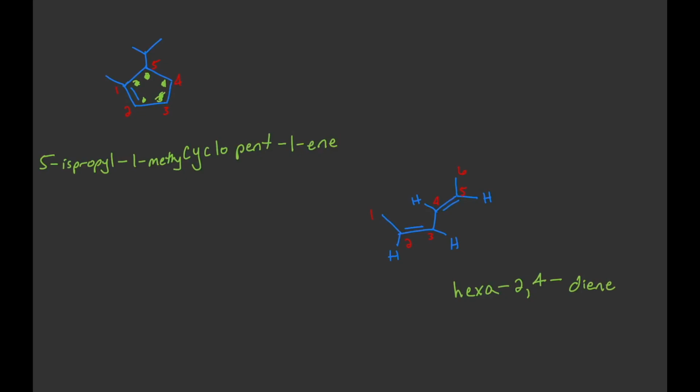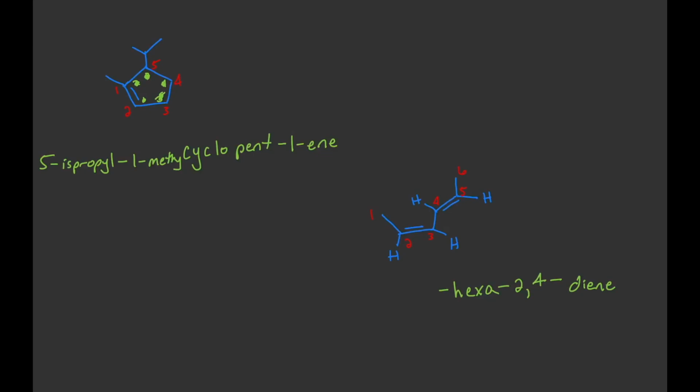We have no other substituents in the chain. That's good. So we have to label if the alkene at position 2 and position 4 are E or Z.